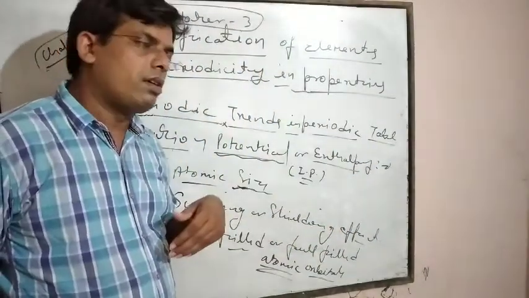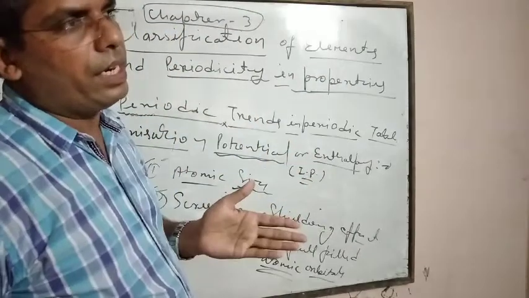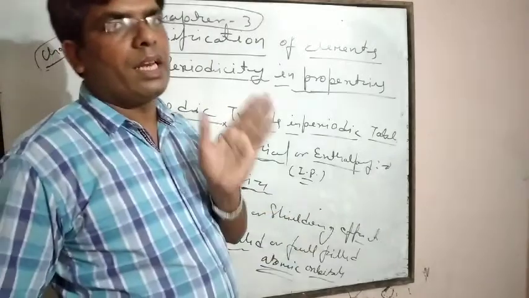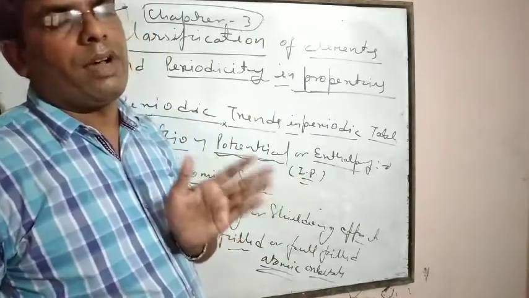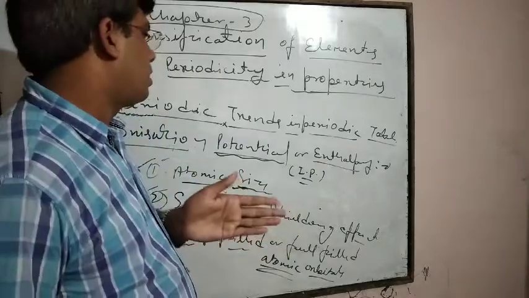In general, on moving from left to right in a period, due to decrease in atomic size, value of ionization potential increases.